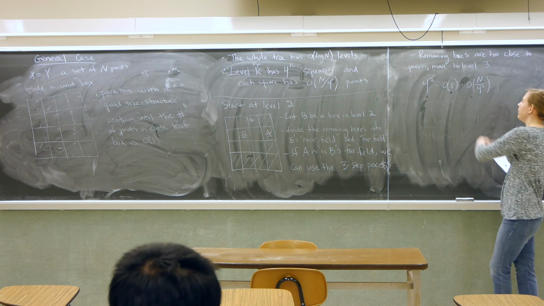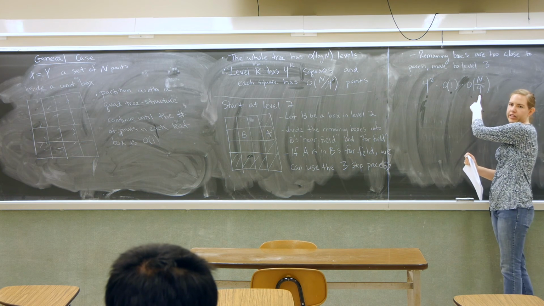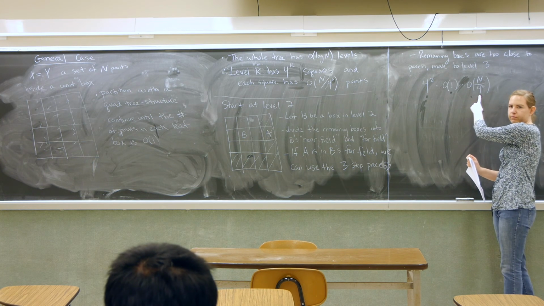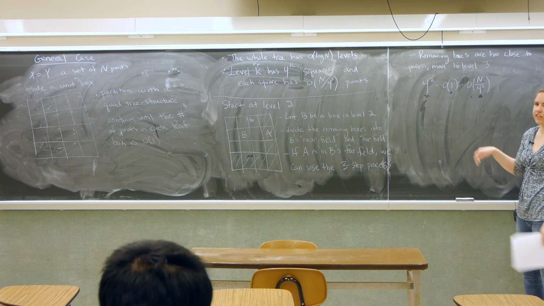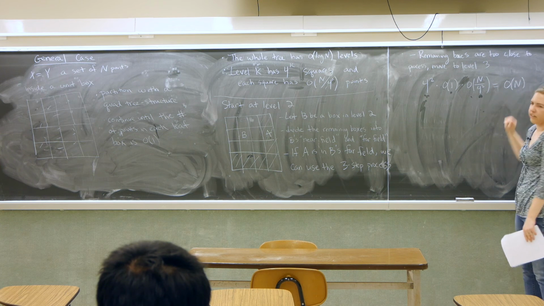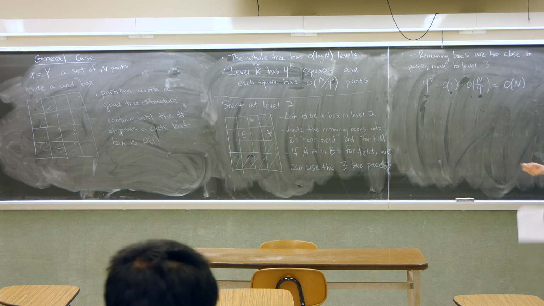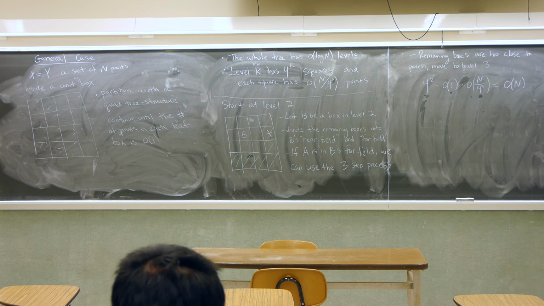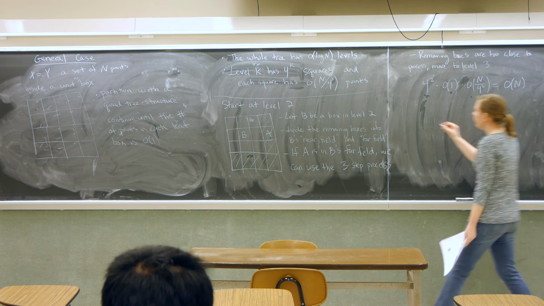Remember, doing the 3-step process took the order of the number of points inside the box. And then we have to do it 4 squared times, once for each of the boxes. So we get order n to compute level 2. Make sense? Okay, so then we go to level 3.